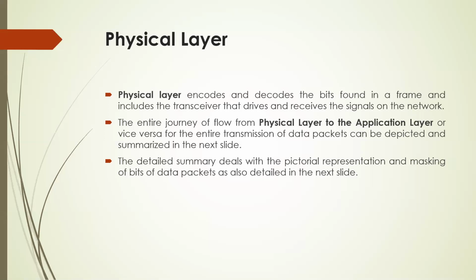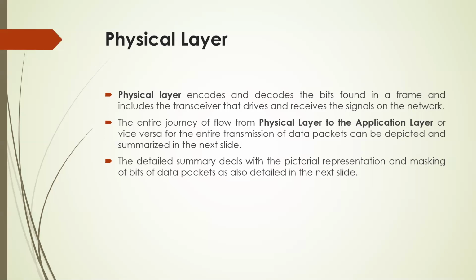No answers. Encoding and decoding is required to safeguard the data from unauthorized users, and it is the job of the physical layer to receive the signals on the network. The entire journey of flow from the application layer is already described in the diagram.